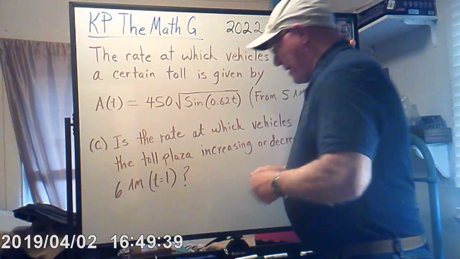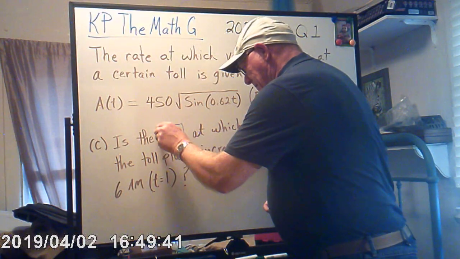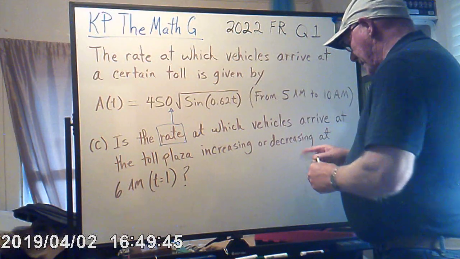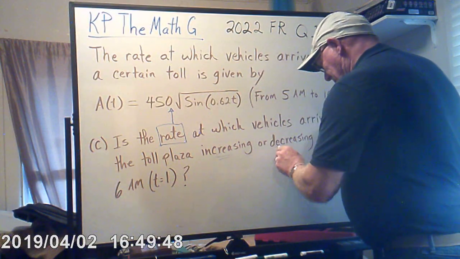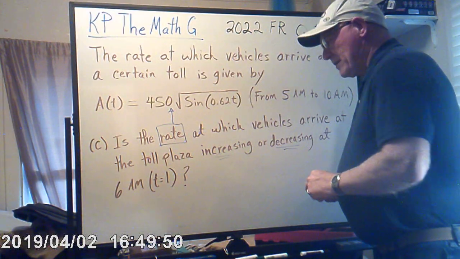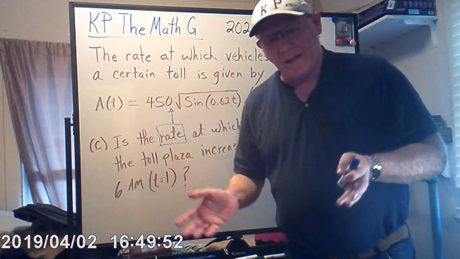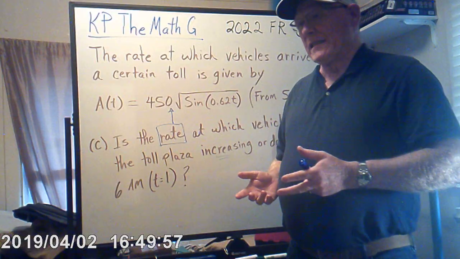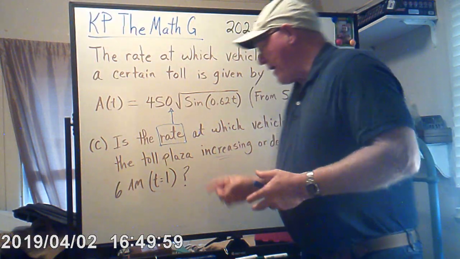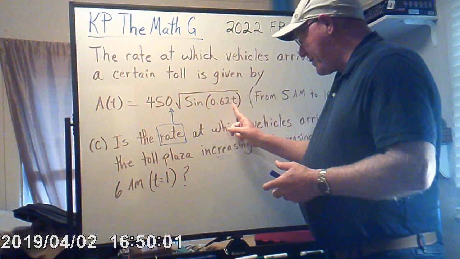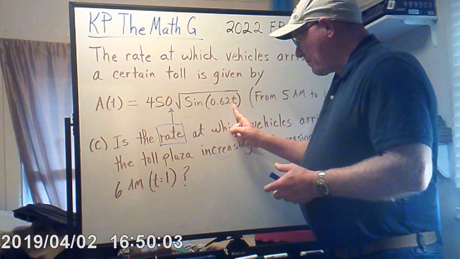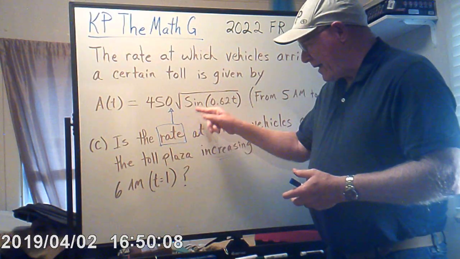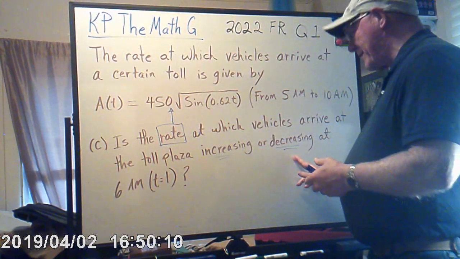Now is this rate right here increasing or decreasing? Well, think about it now. I had to think about this too. You can't just plug 1 into this, because what they're asking is whether this rate is increasing or decreasing.